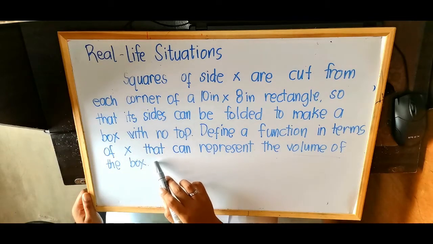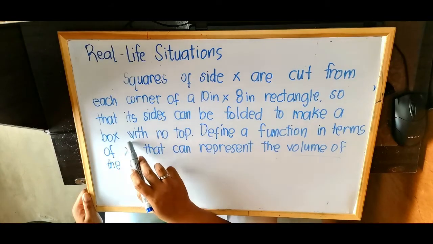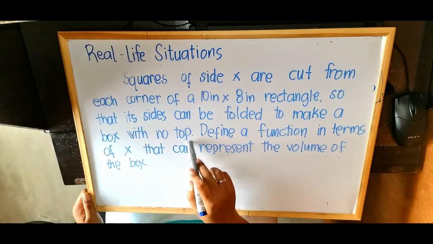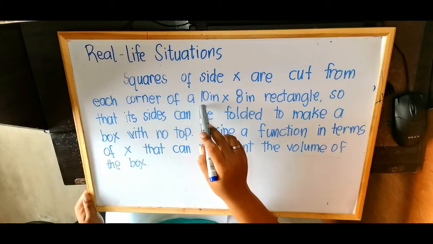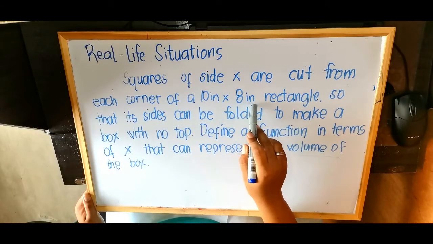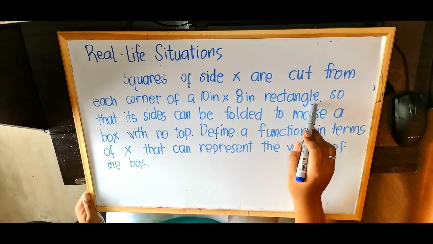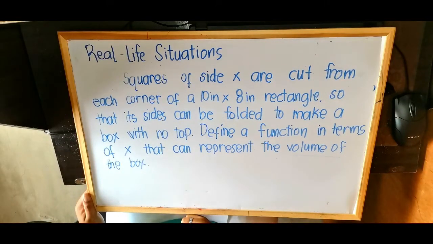Ngayon, anong klase ba yung box na gagawin mo? Box with no top daw. Okay, imagine a box with no top. So, anong klase yung box mo? Is it a square or a rectangle? So, kung mapapansin mo naman dito, you have a 10 inches by 8 inches rectangle. So, ibig sabihin, ang box mo is a rectangle.